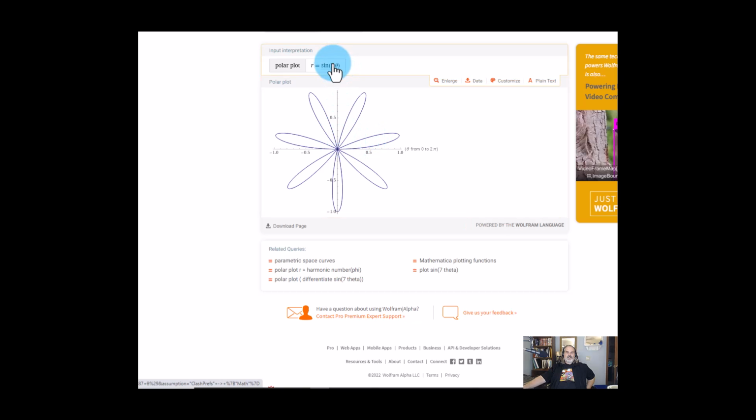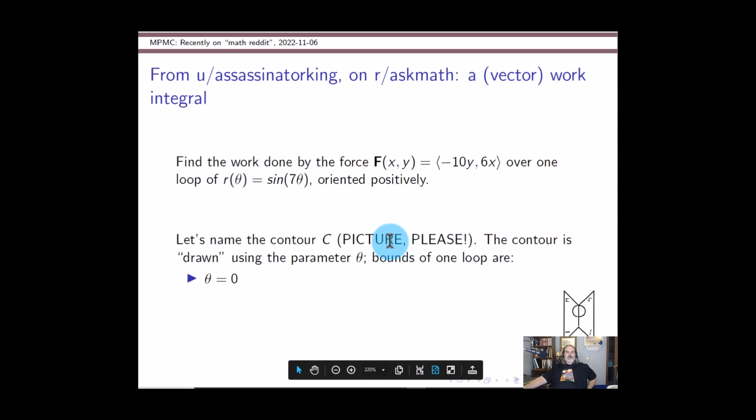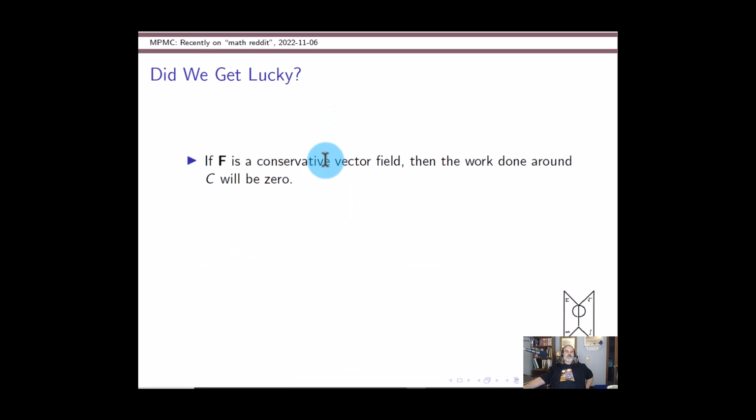Well, the sine of some stuff is going to hit 0 when that stuff is 0 and then pi. So if we start at theta equals 0, the next time the stuff that's sitting here is pi, that's when we close out this first loop. So we close the first loop when 7 theta is equal to pi, or when theta is pi over 7. So those are the starting and stopping values of this parameter that's going to drive everything.